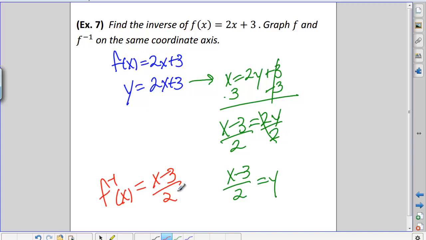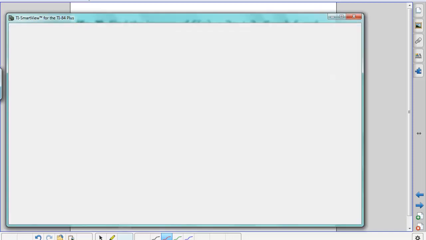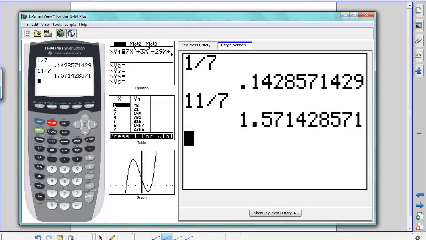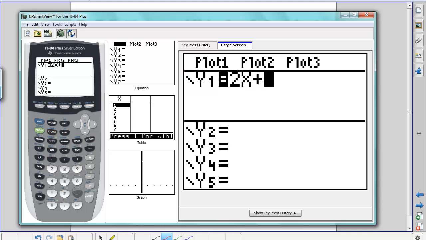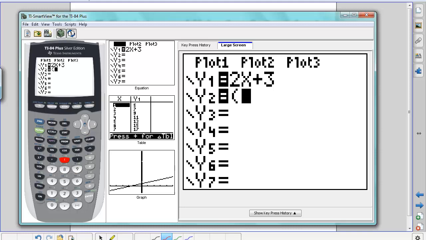And just to see, to graph f and the inverse on the same axis, we can do that. I'll just show it to you on the calculator here. The first one is 2x plus 3. The second one is x minus 3 over 2. And I'm going to go ahead and put the line y equals x on here as well.